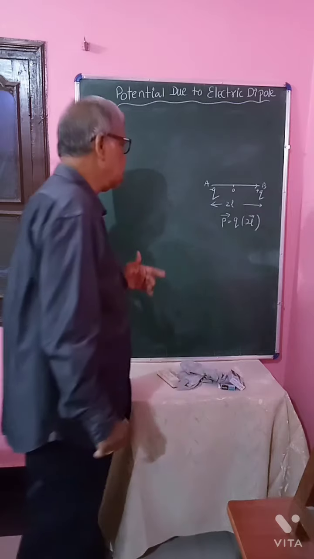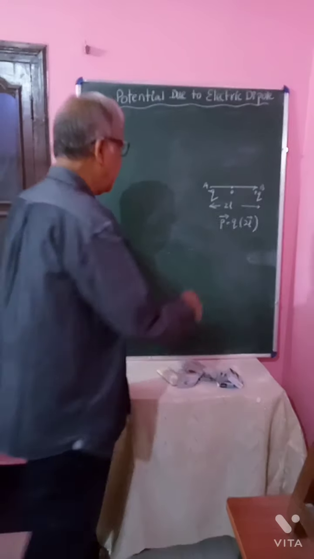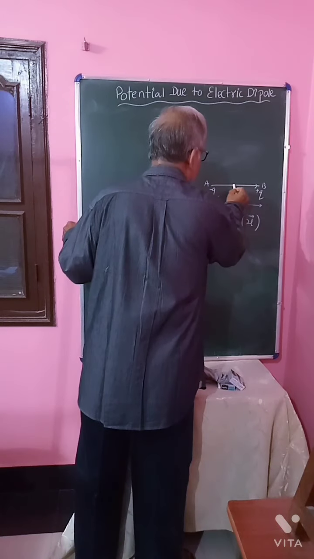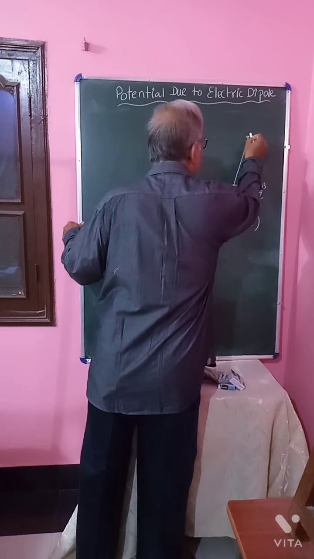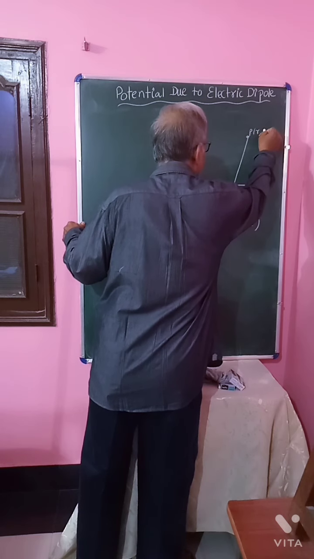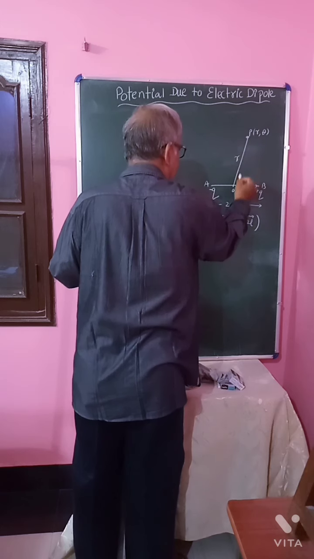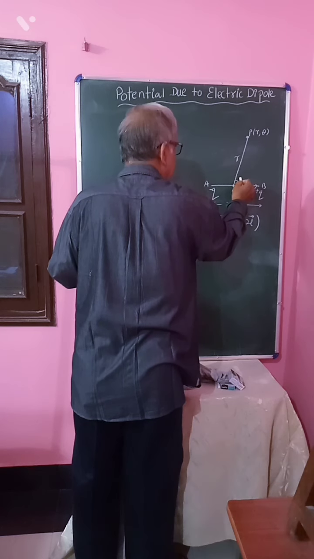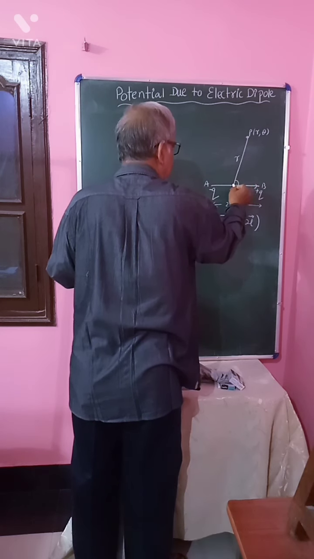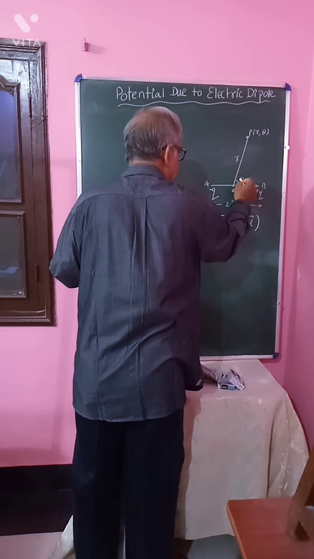Now, we shall find an expression for potential at any point, say P, which has the polar coordinates r, theta. OP length is r, and the angle that the vector r or OP makes with the dipole moment is theta.